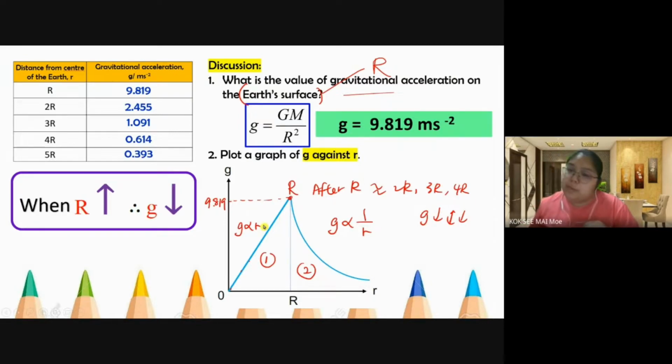Before that, while you are still inside the Earth, your gravitational acceleration keeps increasing until R. For example, if you are exactly at the center of the Earth, there is no gravitational acceleration.